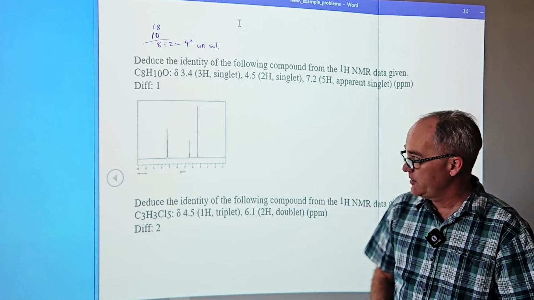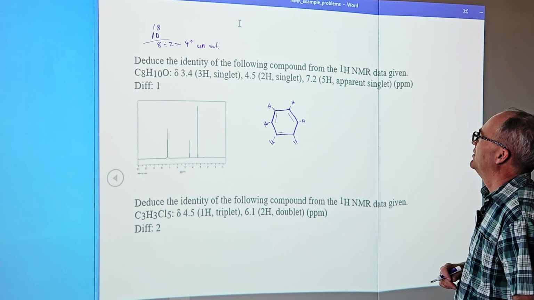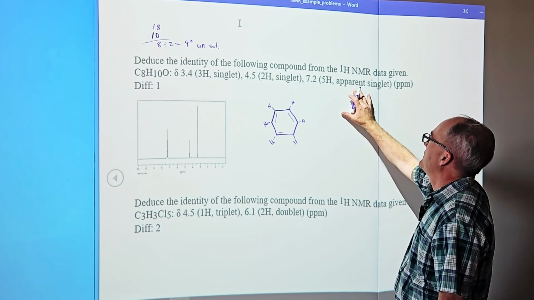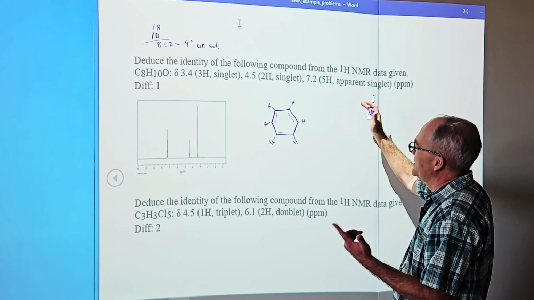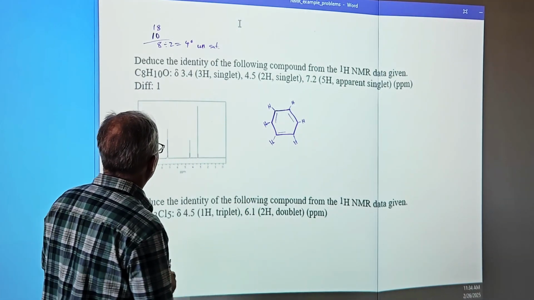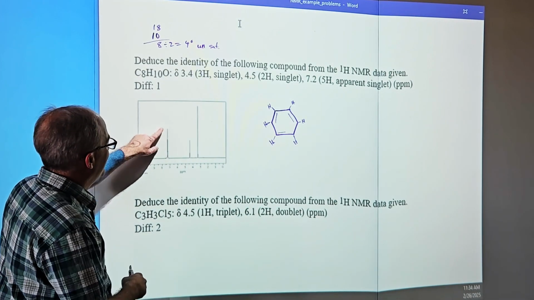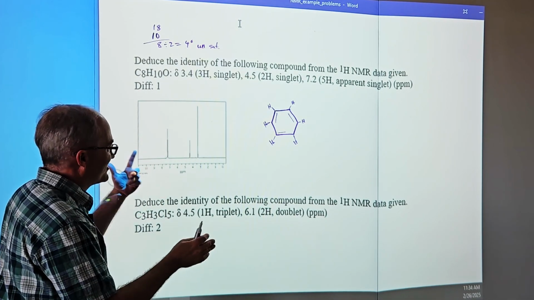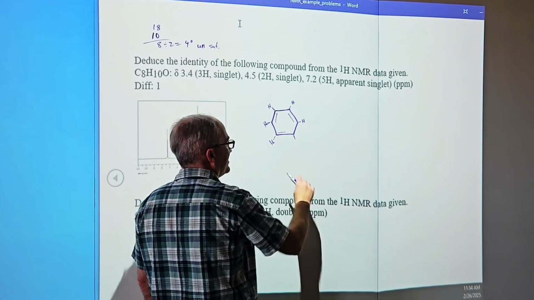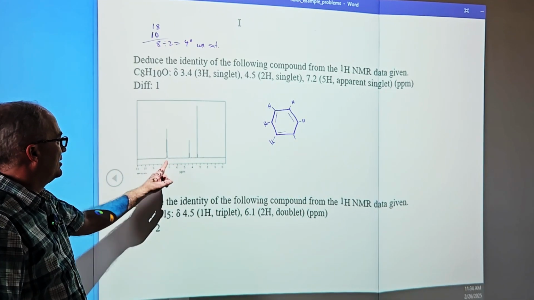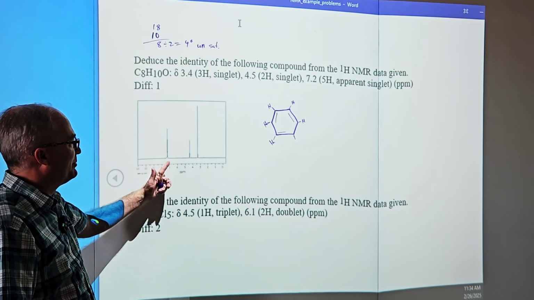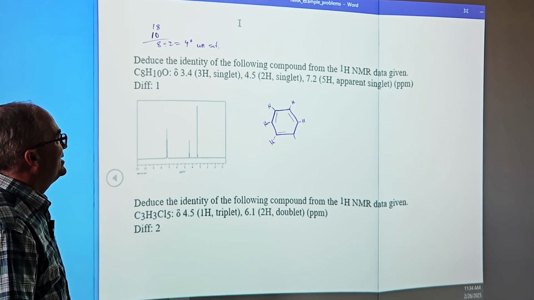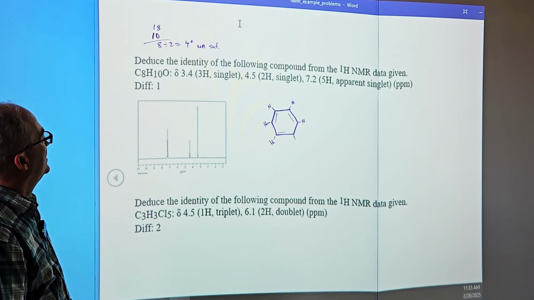An aromatic ring, absolutely. 5 hydrogens, apparent singlet. And I said, well, I see some bumps. It's not really a singlet. Sometimes I just tell students, anytime I see a group of peaks, there's probably a benzene ring going on.